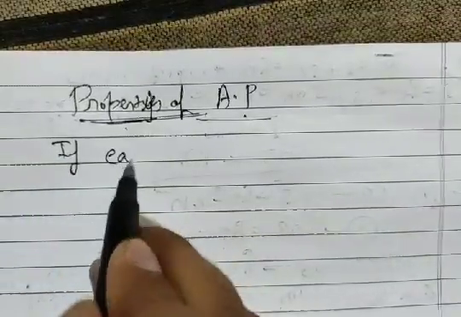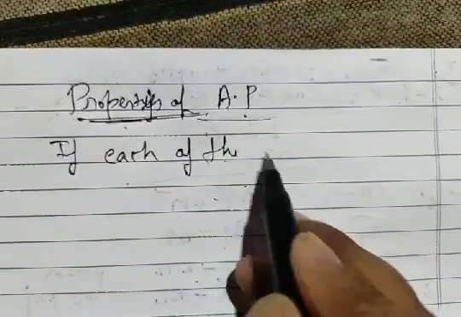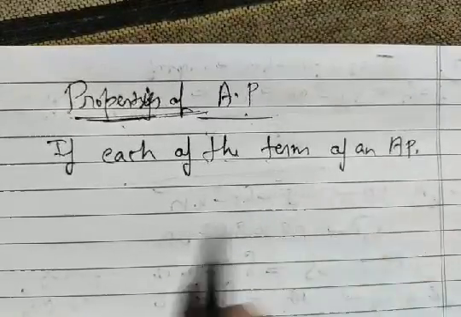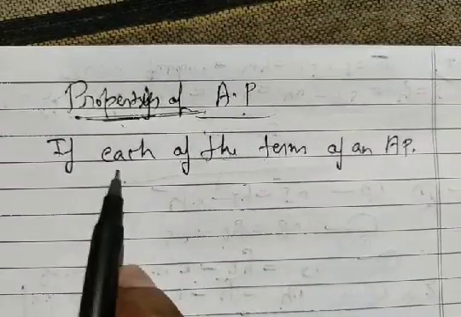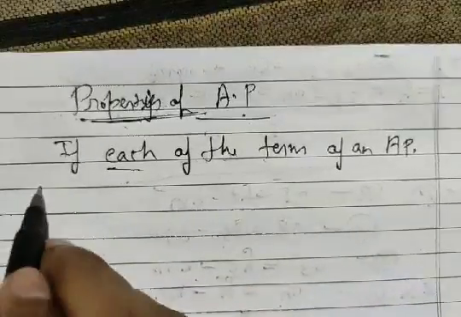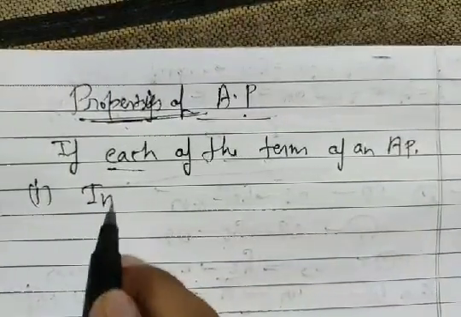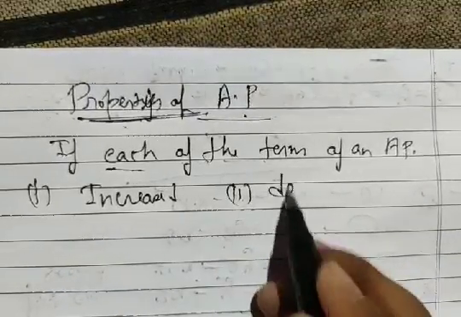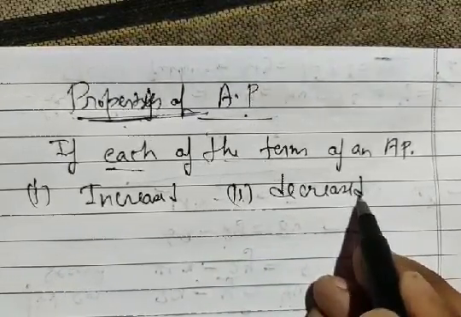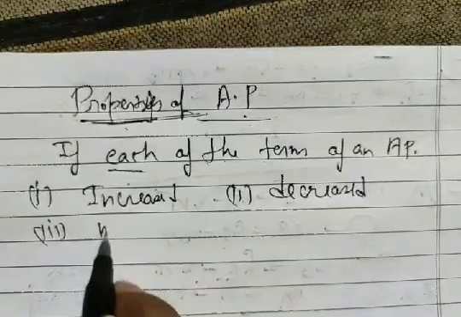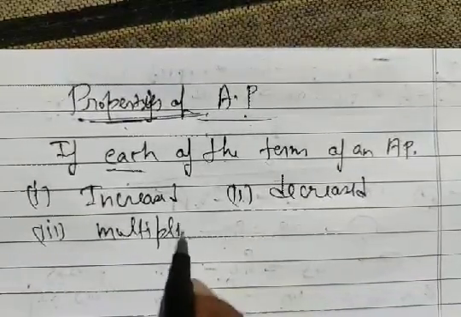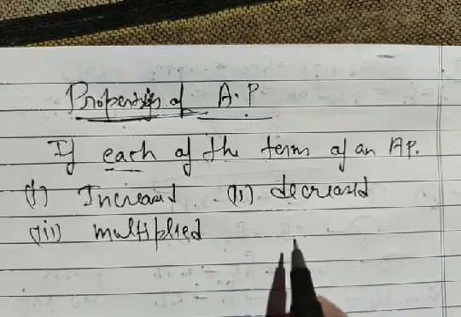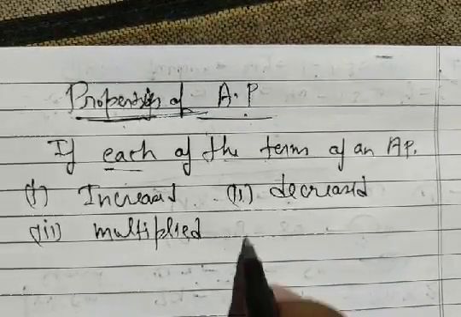If each term of an AP, let's suppose we are given an AP there, is first increased, or second decreased, or each term is multiplied, always by a non-zero number, because if we multiply by zero, all the terms become 0 there.